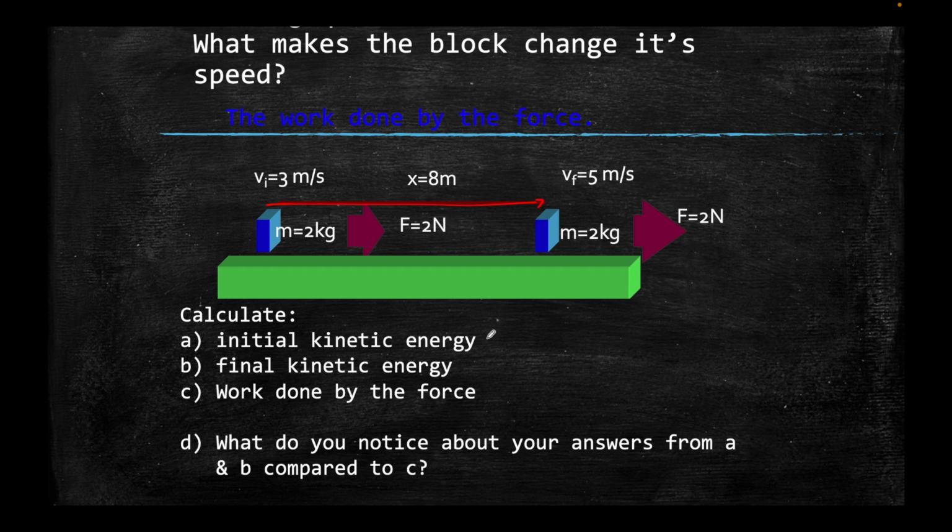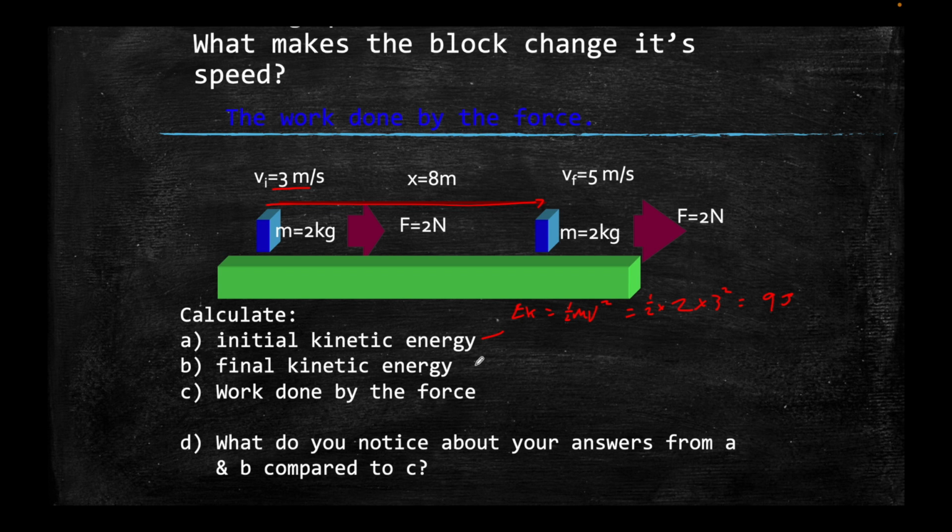If I wanted to find the initial kinetic energy and the final, we can do it. So that is Ek equals a half mv squared. So what I'm going to do is put a half multiplied by 2 multiplied by the starting speed here, which was 3 squared. Yes, half of 2 is 1 times 3 squared. 3 times 3 is 9. 1 times 9, of course, is 9 joules.